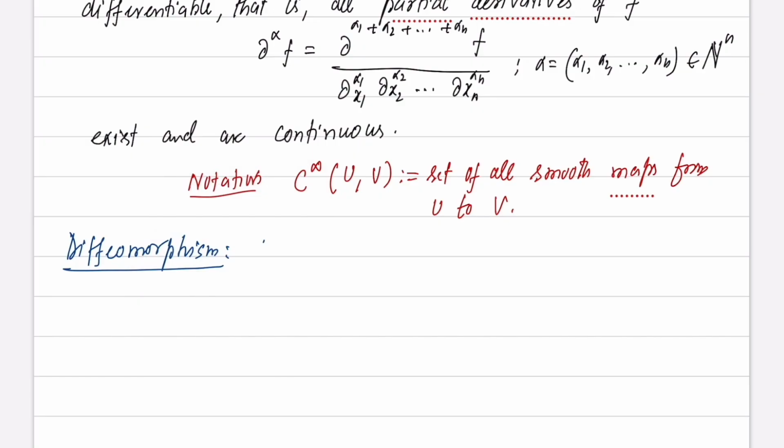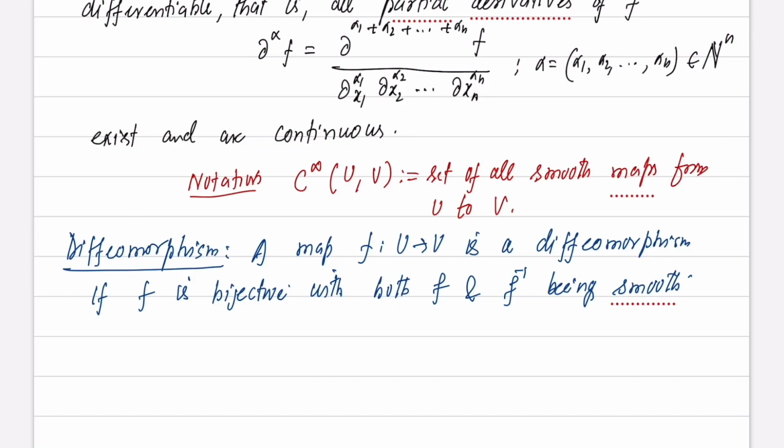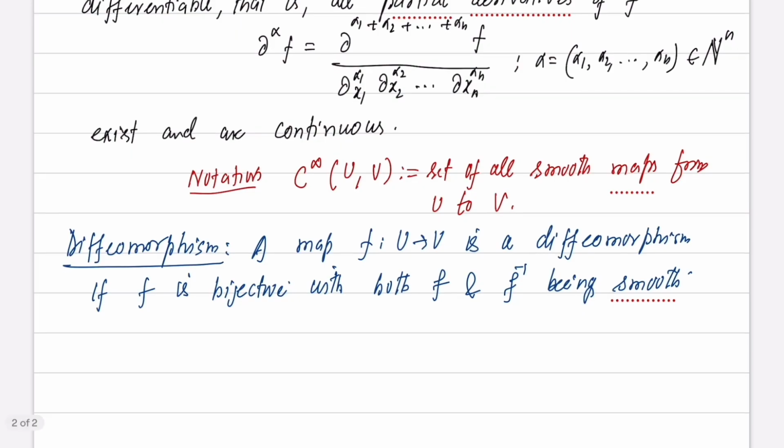Now we call a map f from U into V a diffeomorphism if f is bijective with both f and f inverse being smooth. So a diffeomorphism is a bijection between a subset of Rn and a subset of Rm, which is a smooth map, as well as its inverse is a smooth map.